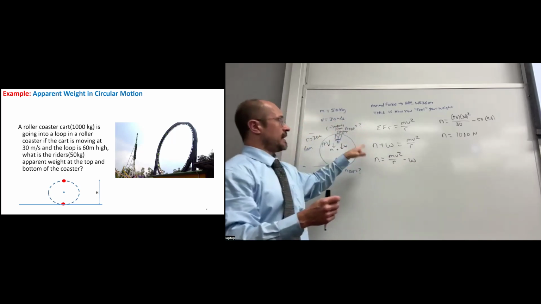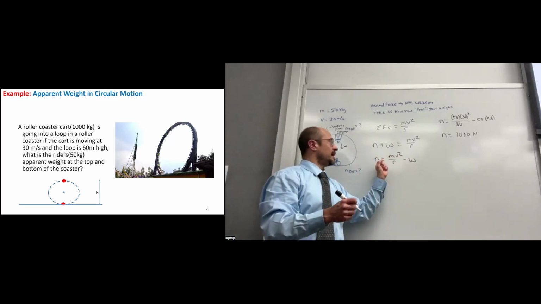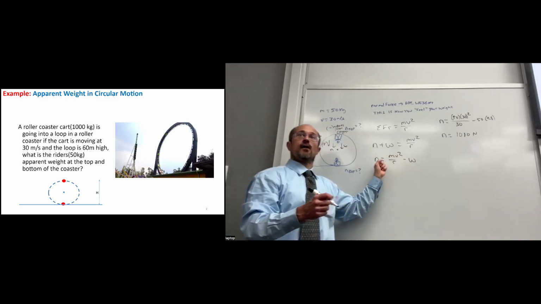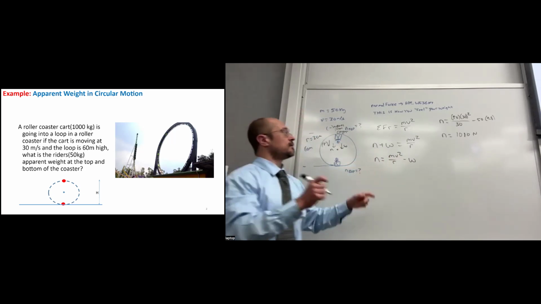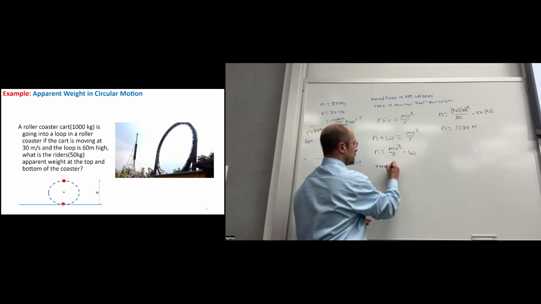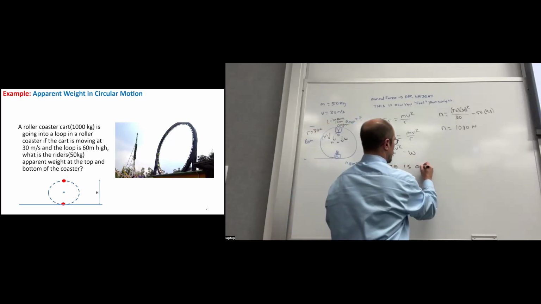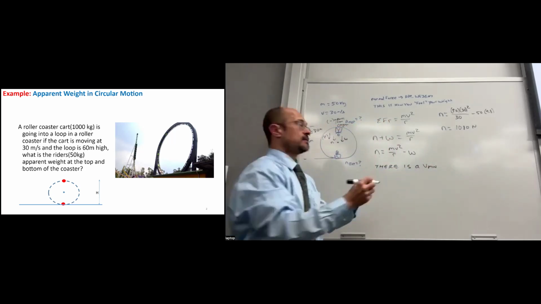And then they would have to make mechanical repairs to get you out. But the idea is if this isn't larger than 0, you don't complete the loop because n isn't larger than 0. So what we can think about is there is a V min, or we call it V critical, to complete the loop.